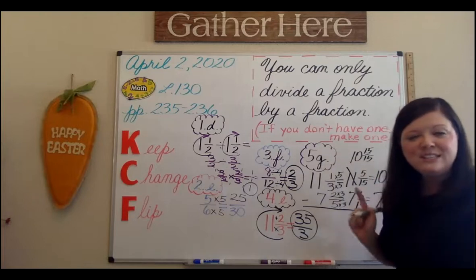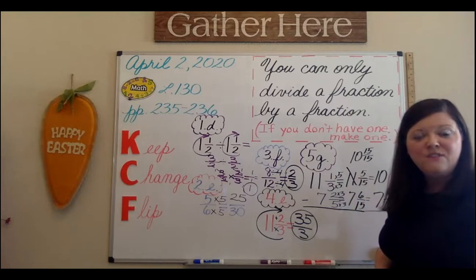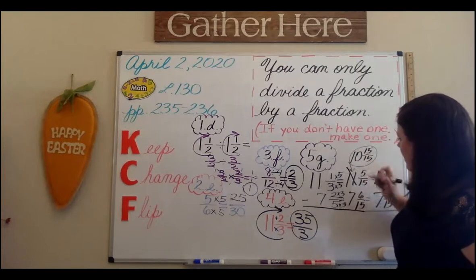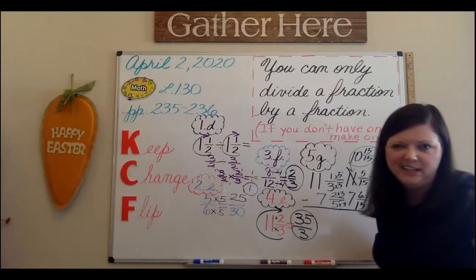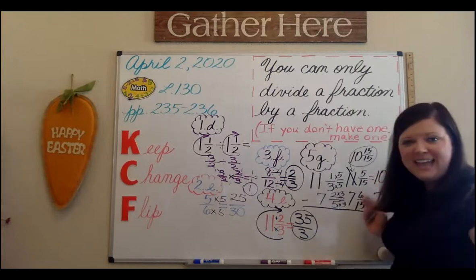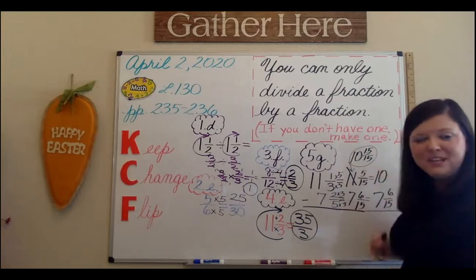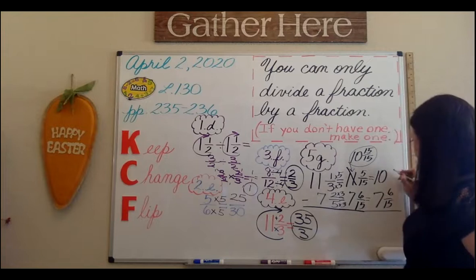Yes. Take the 15 fifteenths and add it to the 5 fifteenths, because all of this is equal to 11. But we can't just leave out the 5 fifteenths. That's not very nice to leave somebody out. So let's add it to it. 15 fifteenths plus 5 fifteenths equals 20 fifteenths.